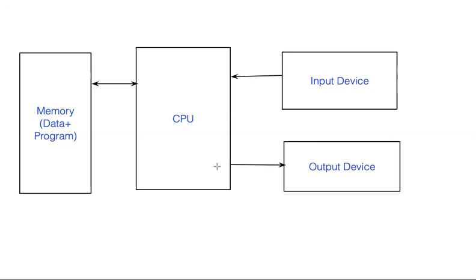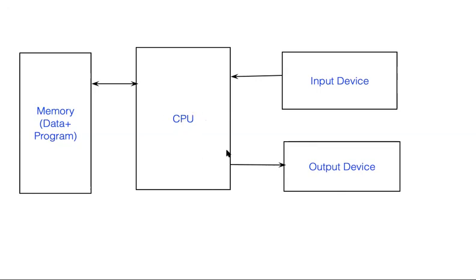For example, your screen is one output device, and another can be your printer, which can print out your document. So this one is also an output device.